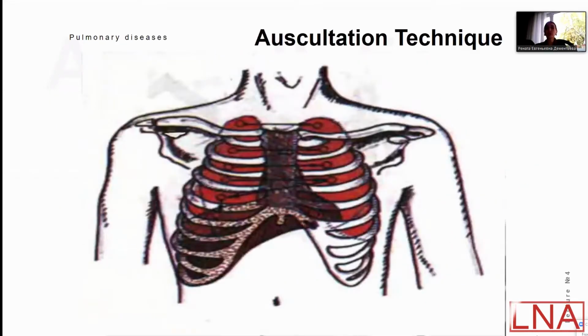So, about the places and points of auscultation of the lungs. In fact, we cannot call it comparing auscultation, but in essence it is really comparing the sounds from the right and left sides during the auscultation technique. The points for auscultation are similar to the four points for comparing percussion of the lungs.